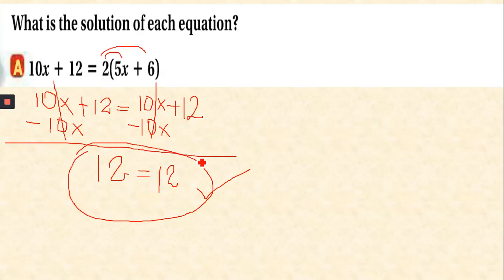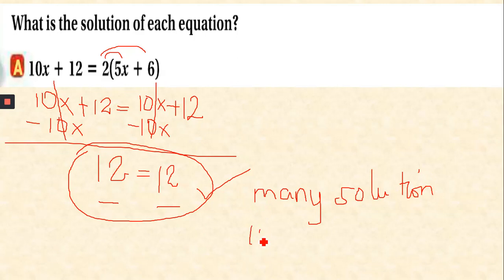So if after solving a given equation and you come up with this kind of situation wherein the left side is equal to the right side of the equation, therefore, the solution here is many solutions, or what we call infinite solution.